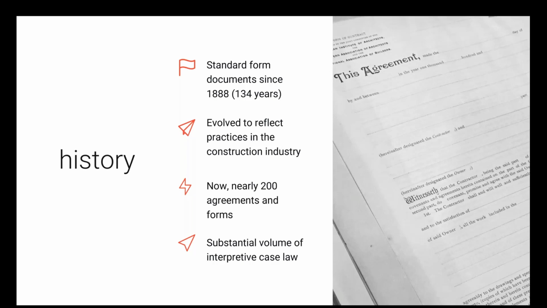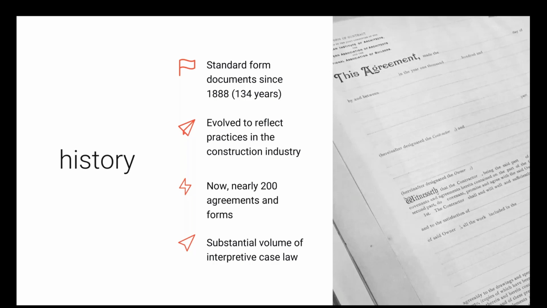So the American Institute of Architects began publishing standard form documents in 1888. That is not a typo. This program has been in existence for 134 years now. And from the beginning, the goal was to create documents that would reflect the best practices, or the most popular practices, in the construction industry.